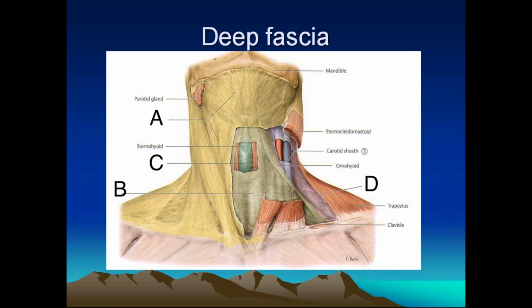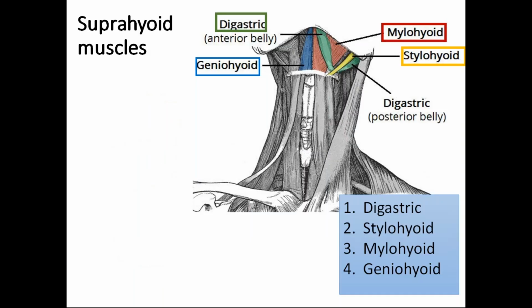Now if you see the other structures in the suprahyoid part, the suprahyoid part also consists of suprahyoid muscles. There are four suprahyoid muscles. Superficially you have the digastric muscle. In this picture you can see the green one, that is the digastric muscle, which consists of two bellies.